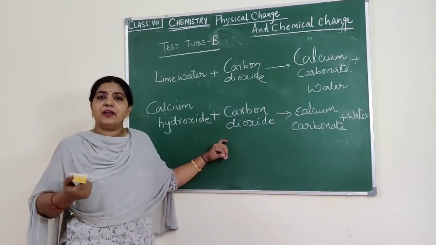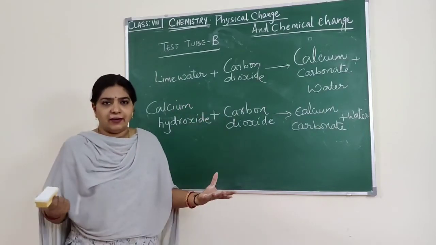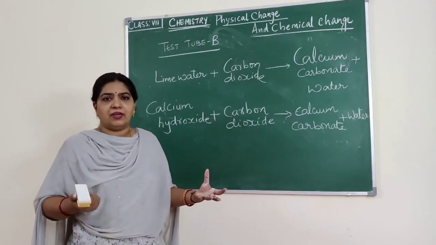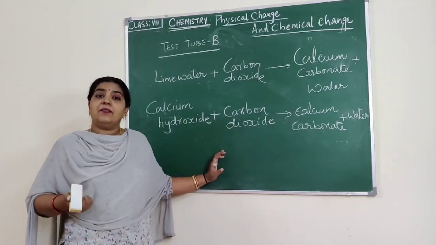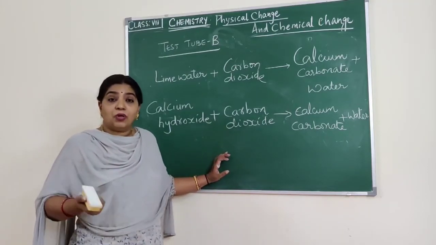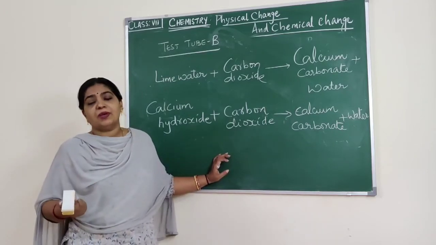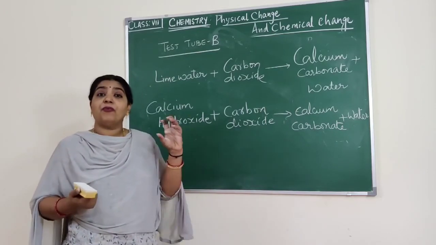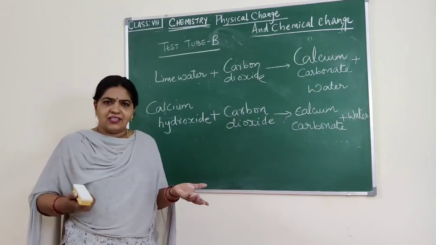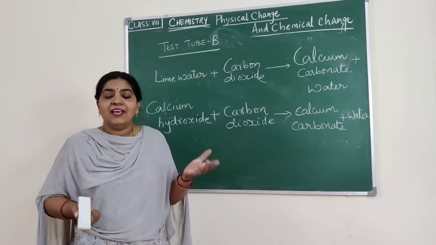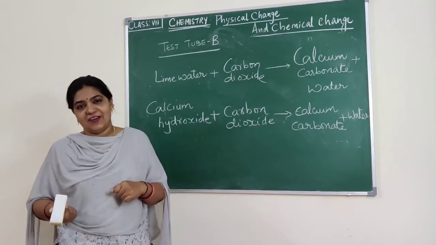When you light the firecrackers, you can see the light formation, heat is generated, and unpleasant gases are released. In the same way, when we cook food, that is also a chemical change. And when a fruit is ripened, that is also an example of chemical change. All these are nothing but chemical reactions.